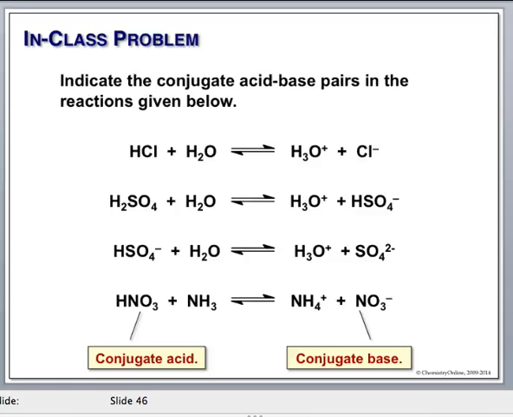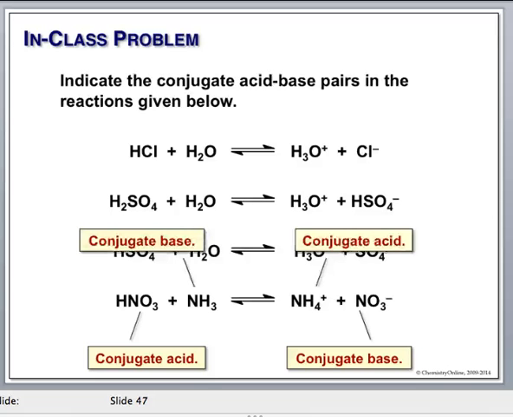Who is the proton donor? Ammonium. Ammonium is going to donate a proton to nitrate. So for the back reaction, this is the acid, and this is its conjugate base.